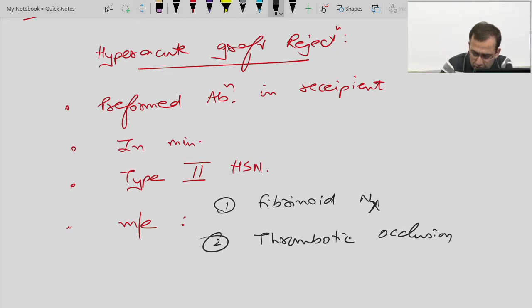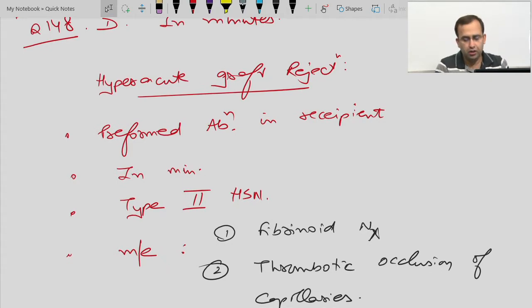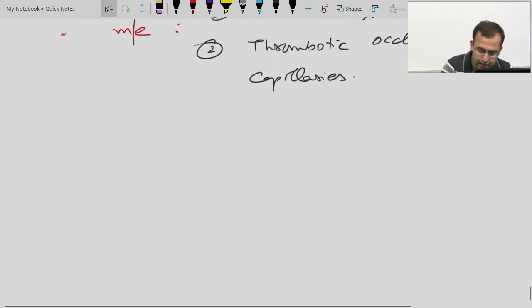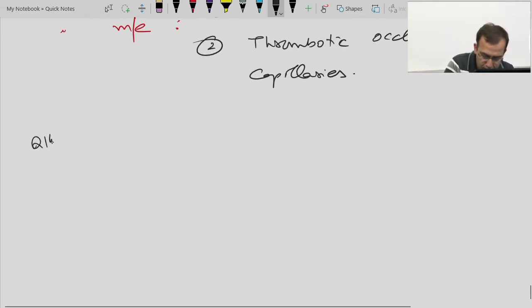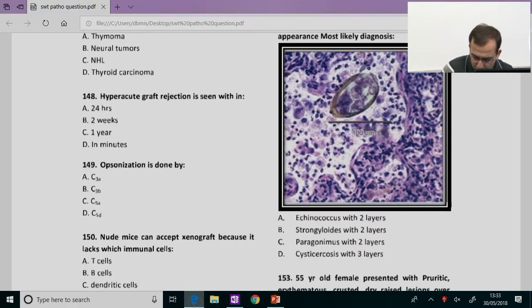This is hyperacute graft rejection. Next, this gets us to question number 149.